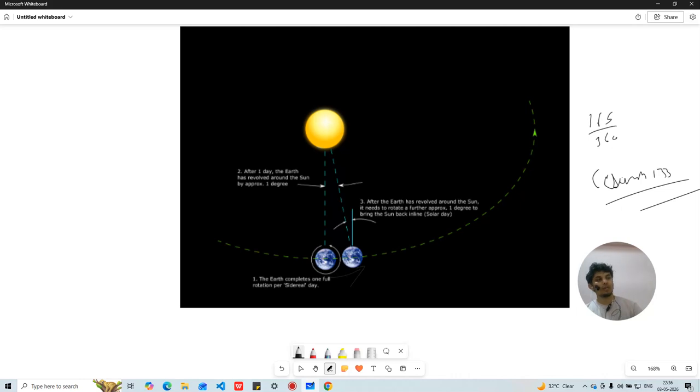So the duration of time in which a cesium 133 atom does these many oscillations is 1 second. This is the foundation of modern timekeeping, and timekeeping is extremely important when we talk about navigation, because you'll get to know.